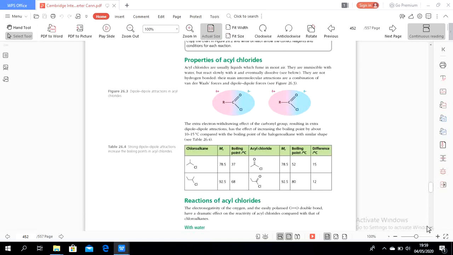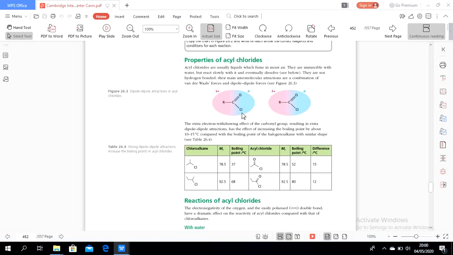So we conclude that they are polar, but the polarity is not as strong as HCl, with dipole-dipole forces or even hydrogen bonding. And this one also doesn't have hydrogen bonding intermolecular forces because the hydrogen is not directly attached to a very electronegative atom.